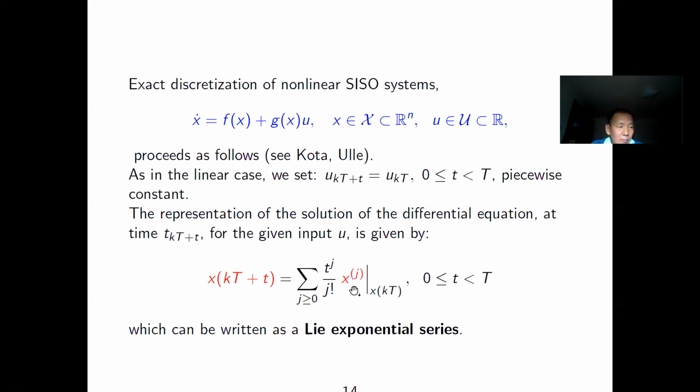And we will particularize this in the value of the initial state. So in essence, since this will be a function of x and u, what we have is the map that will produce some value of the state after the sampling time in terms of the state at the sampling time kT.